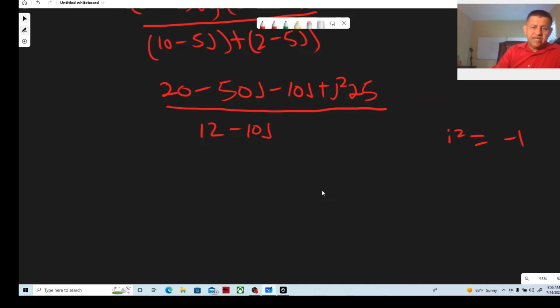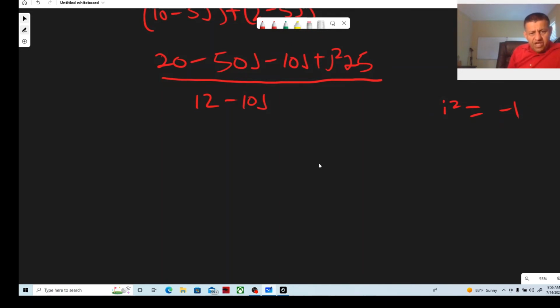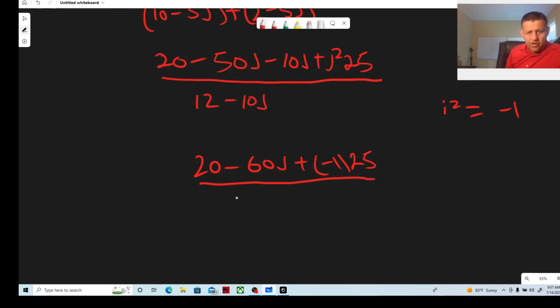So if that is the case, we can do some simplification on the top, and I get 20, and then we do negative 60J, plus 25 being multiplied by that negative 1. J represents i, and that is going to be over 12 minus 10J, which simplifies to this one: negative 25 plus 20 is going to be negative 5, minus 60J, right?